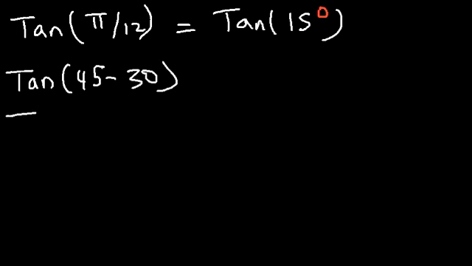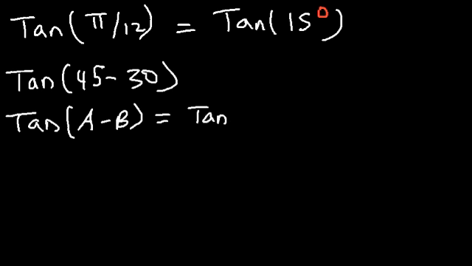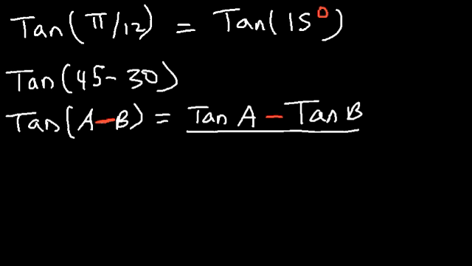So let's write the equation. Tangent A minus B is equal to tangent A minus, so this sign stays the same, tangent B divided by 1 plus, this sign is opposite to whatever sign you see here.